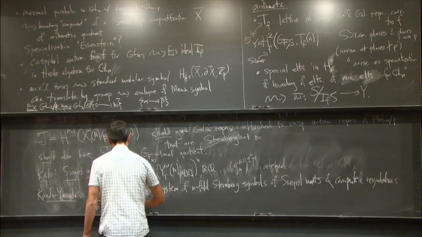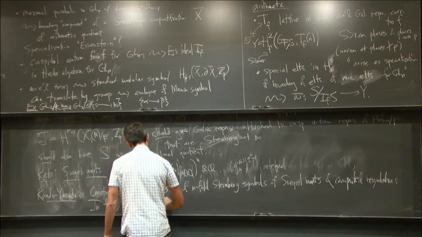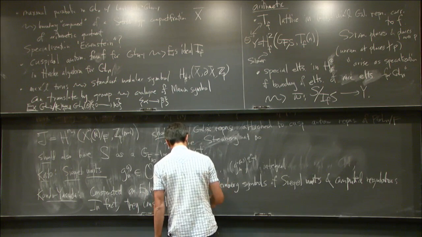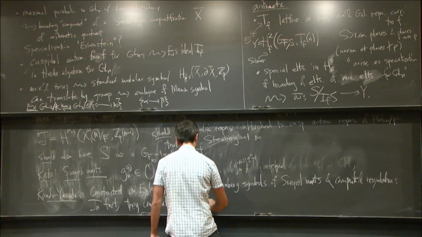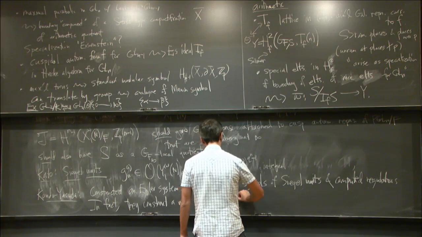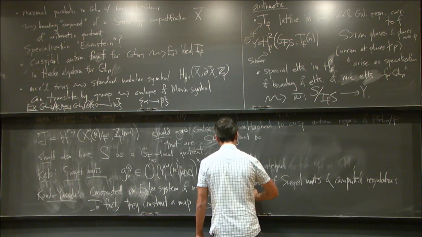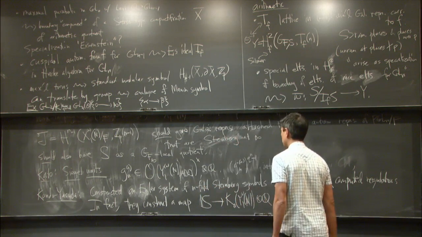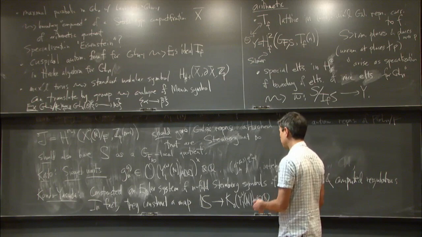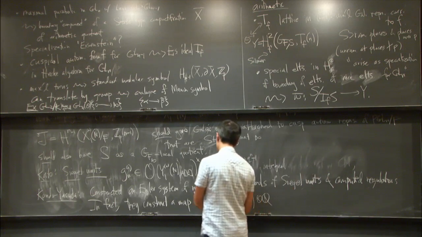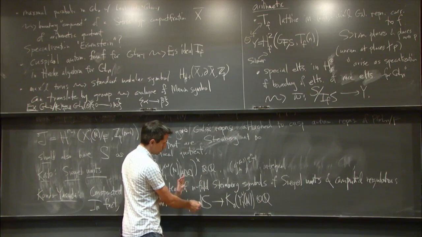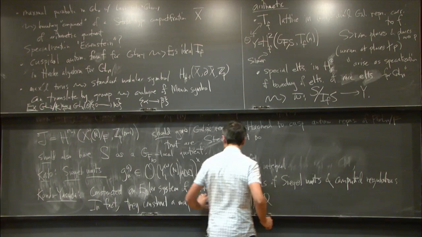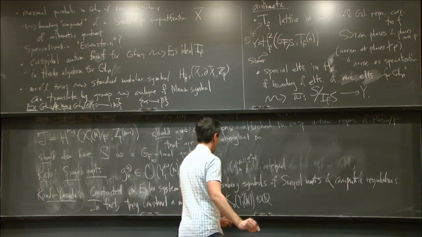In fact, they construct a map which essentially goes from S to K_n of Y_1(N), tensor Q. In essence, what they do is this: S is, really I should take not cuspidal symbols but symbols relative to the cusp, so we can just call that M, relative to the boundary.